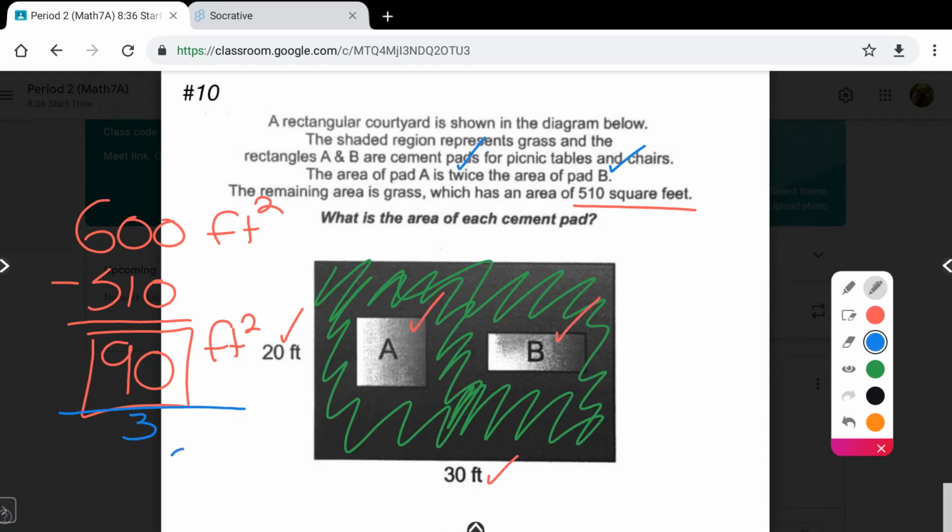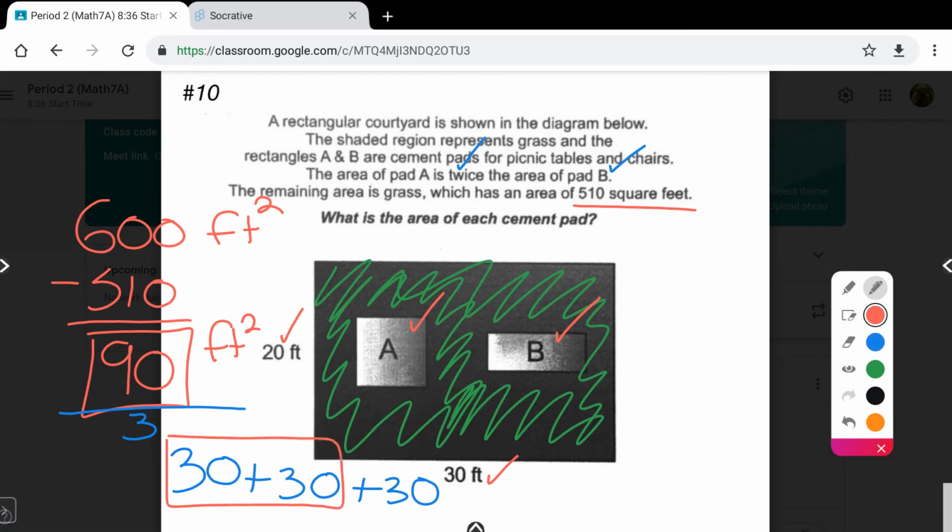If I divide it by 3, then I have 3 equal pieces, 30, 30, and 30, that add up to 90. A is double. A is 2 of the pieces, which would be 60 here, and B would be the 30 that's left over. And now this satisfies. A and B combined together is 90, and A is double B, which is 60 and 30.